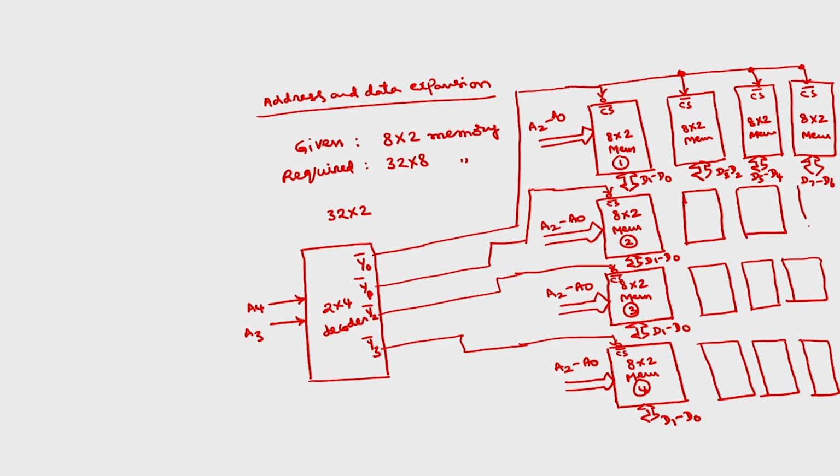So, totally we need 16 such 8 by 2 memories to get 32 by 8. Normally this type of question will be asked in some competitive exams. To construct 32 by 8, how many 8 by 2 memories are required? The answer is 16.